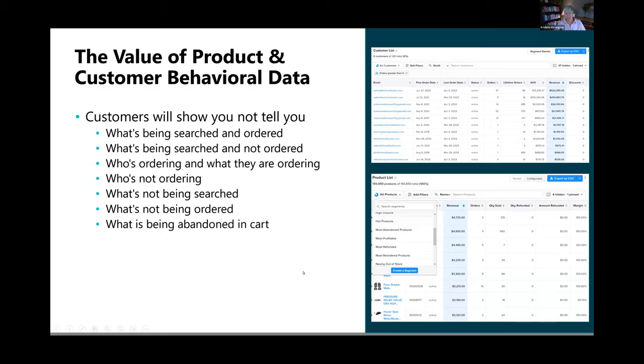You also can uncover what's being abandoned in the cart, so that your customer team, so this is like quote follow-up. Oftentimes, if you're lucky enough that your customer service team actually puts a quote into the system, that quote is something that if you are a proactive organization, you can follow up on, but abandoned carts can be the same way. So it can be something your sales team goes after, it can be something your customer service team goes after, or it can be automated.